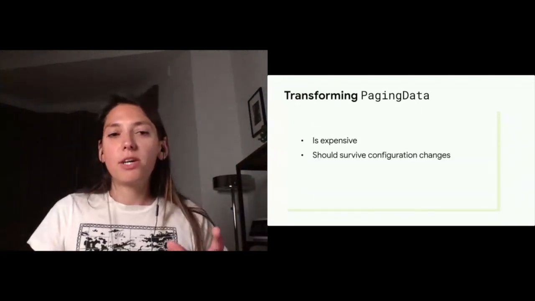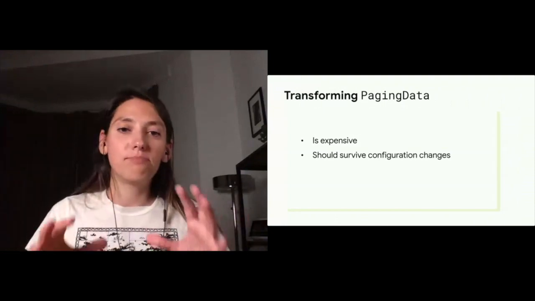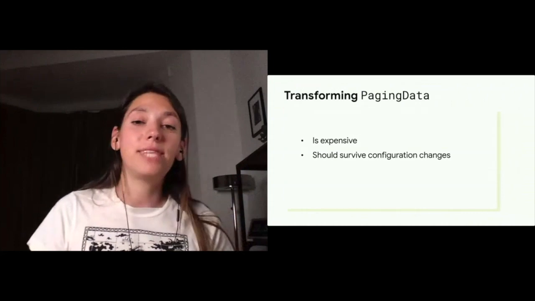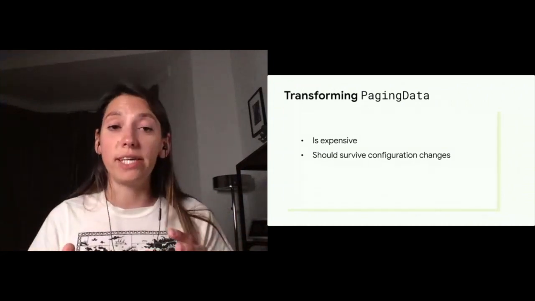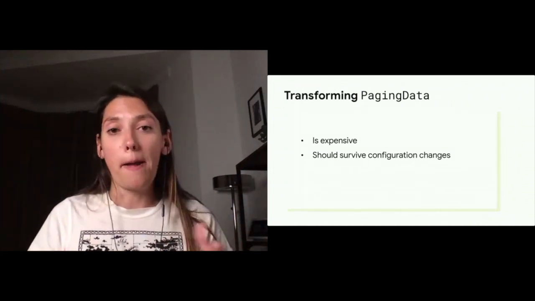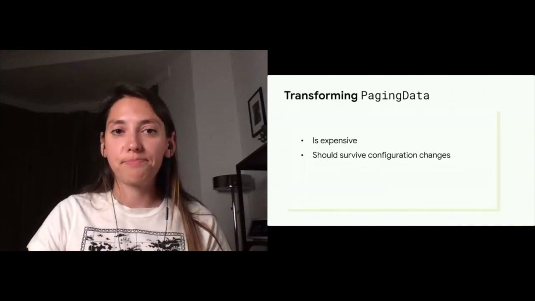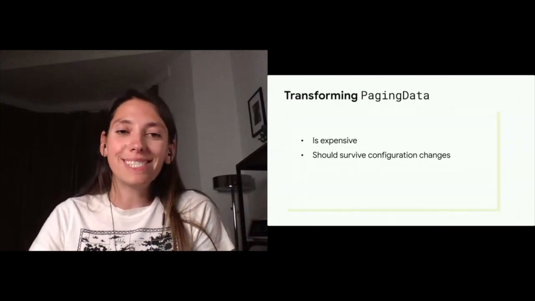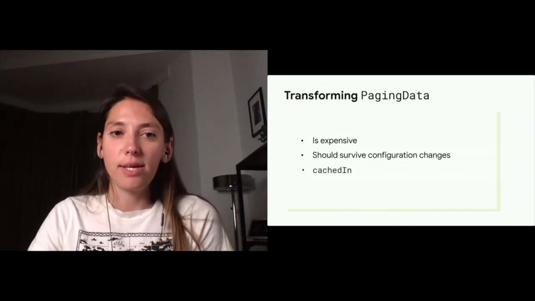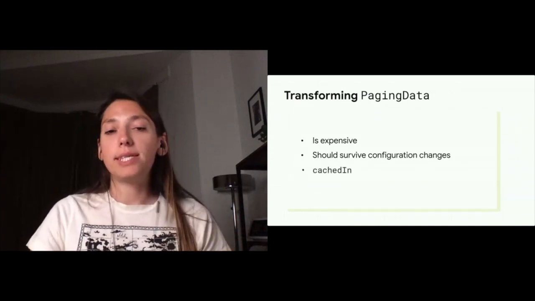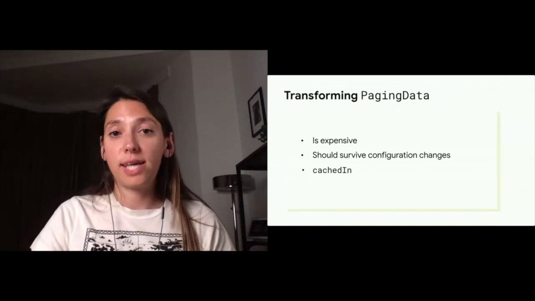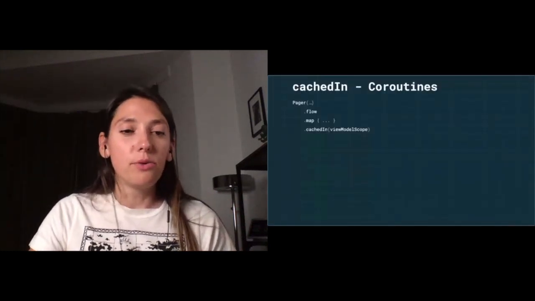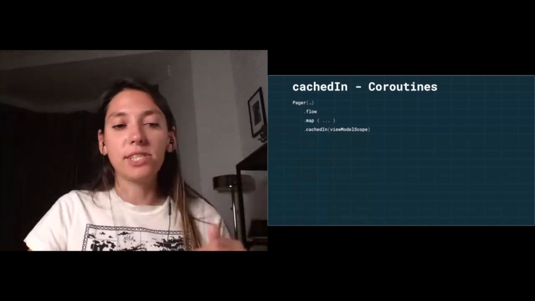So you want to make sure that you're not executing transformations on big sets of data on every configuration change when you start collecting the flow, but rather just once. Well, to help with this, Paging 3 offers the cachedIn method. The caching should be done after all the transformations have been performed. So after all your map and so on have been performed.